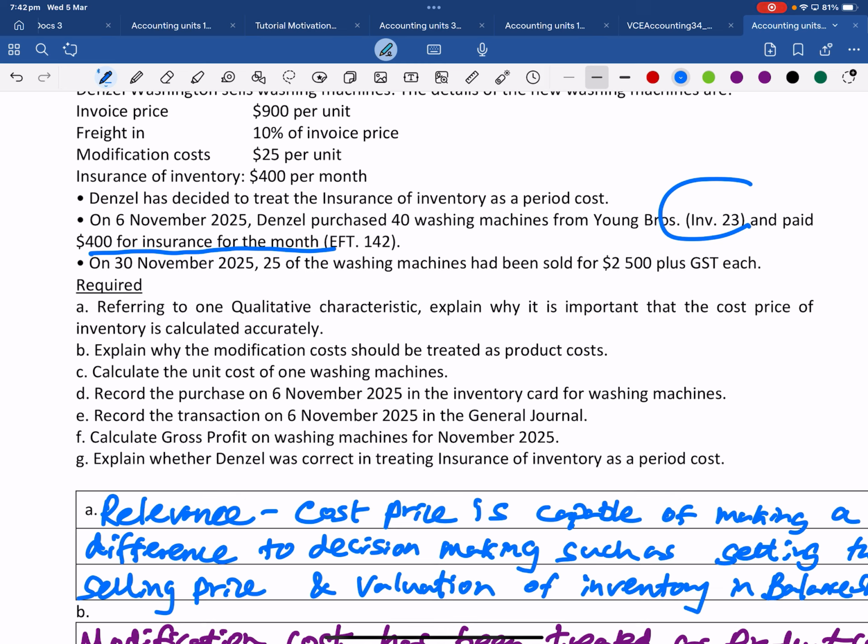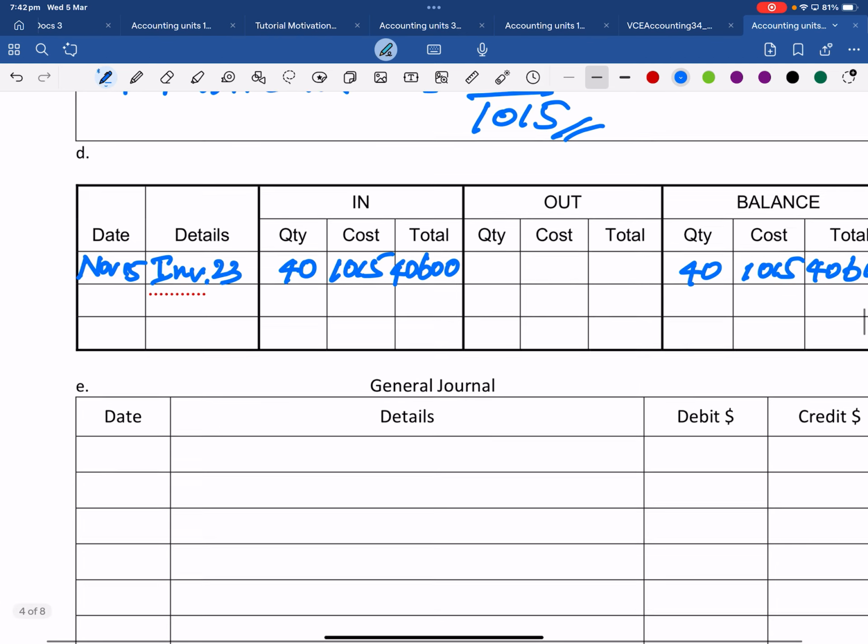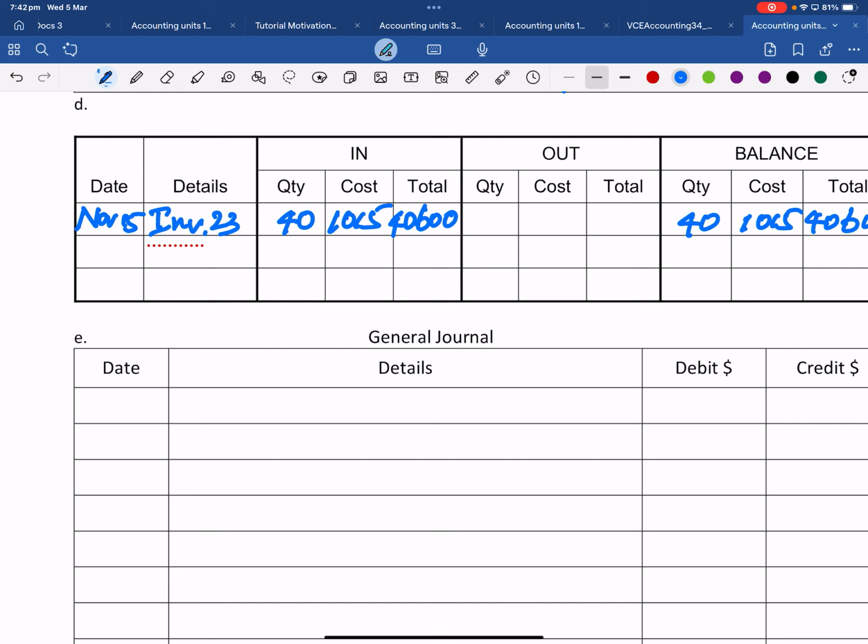Anybody want to tell me the double entry? Setum, can you tell me? Is it inventory first? Yes, inventory first. Very good. Inventory you debit. So what is the date? November 6. Inventory you debit. How much? Is it the 40,600? Yes, 40,600.